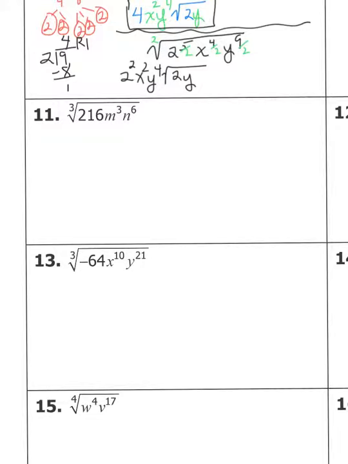All right, we're going to prime factor again. So 216 is divisible by 9. Goes in there 24 times.